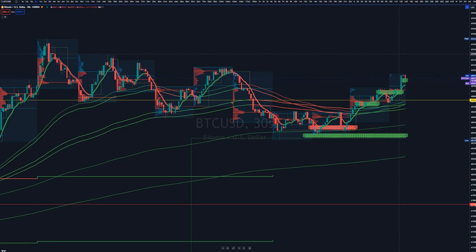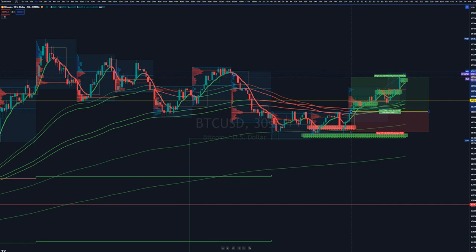Some are using this, for example, they went here, they say, okay, I go here, then let's say I put my profit target 2 to 1, something here, right?